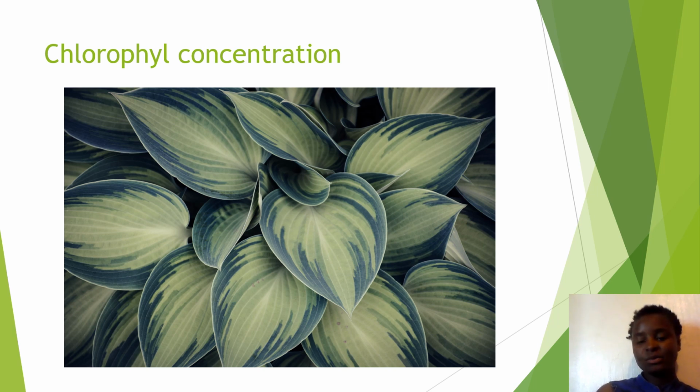The other parts will not photosynthesize. So it is very, very important that your leaf is green throughout. If it's not green throughout, then the rate of photosynthesis will be lower. It will only take place where it is green, right?